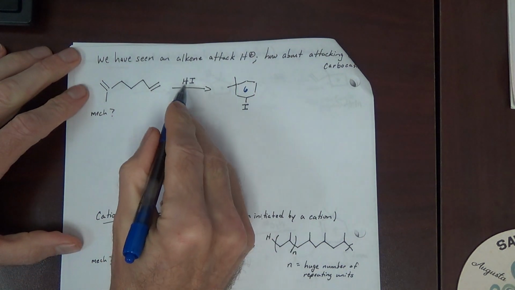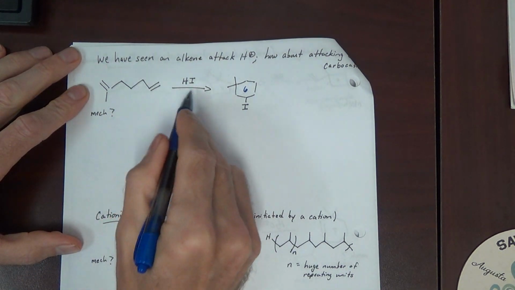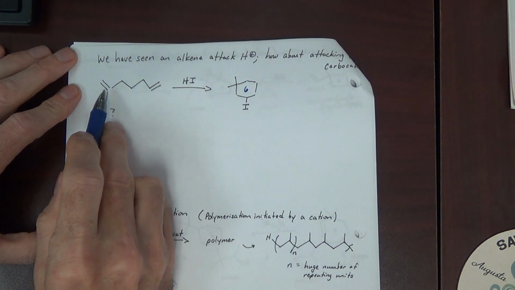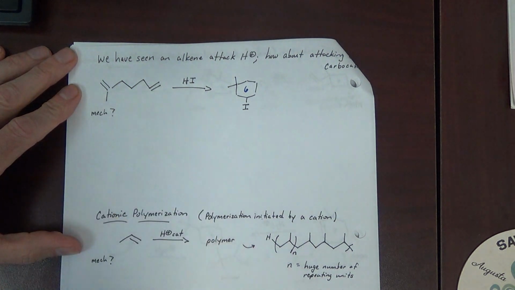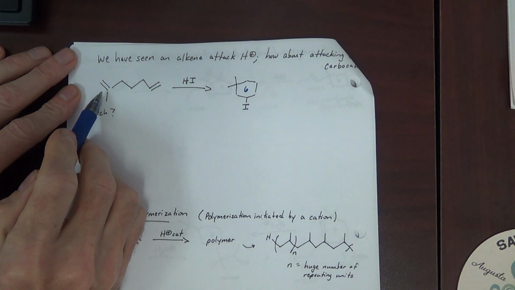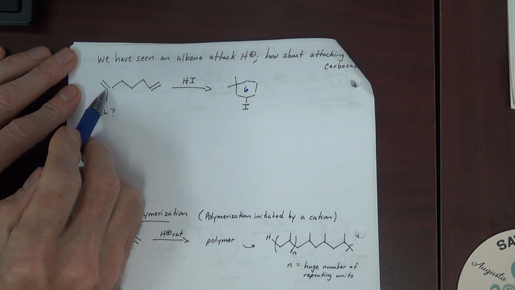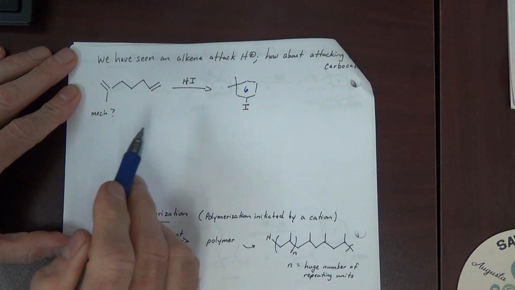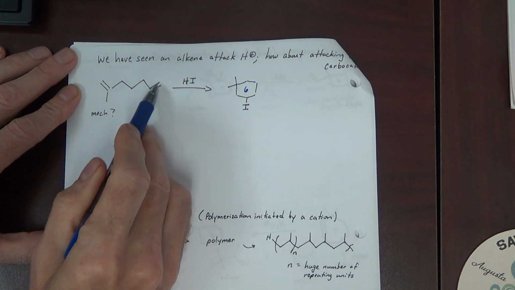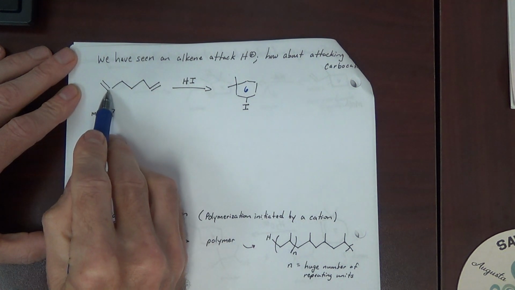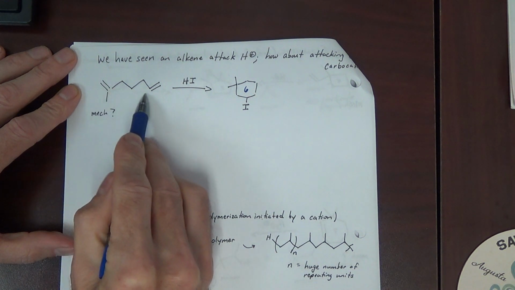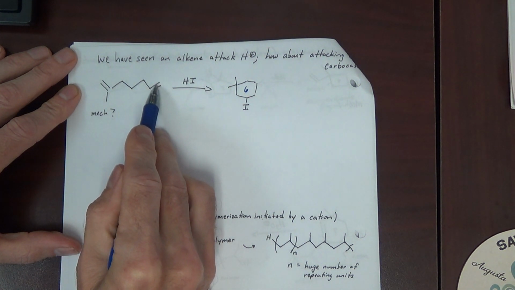Well, just like before, we have H+. There's nothing new here yet. What's new is we have two alkenes and we need to decide which alkene is going to react first. Instead of two carbons to judge where we're going to leave the cation, left or right, we just do that twice. Would we rather leave the cation at A, B, C, or D? The answer is here, because a cation here would be tertiary. There would be primary, secondary, primary.